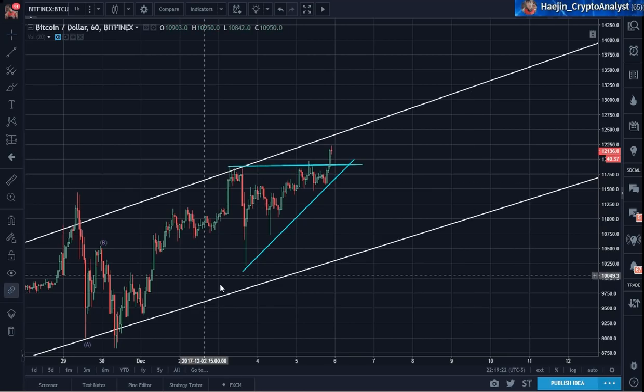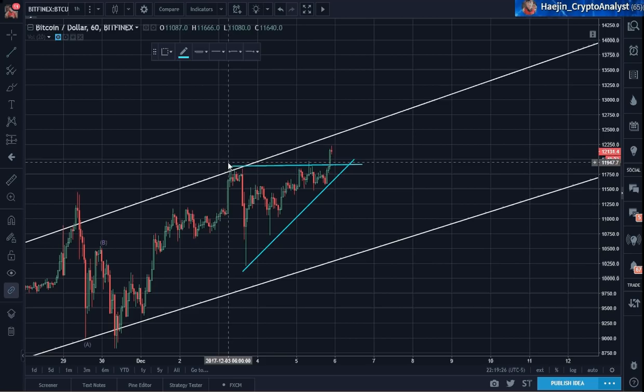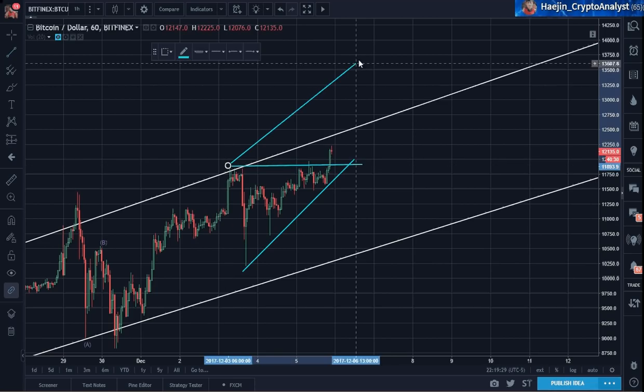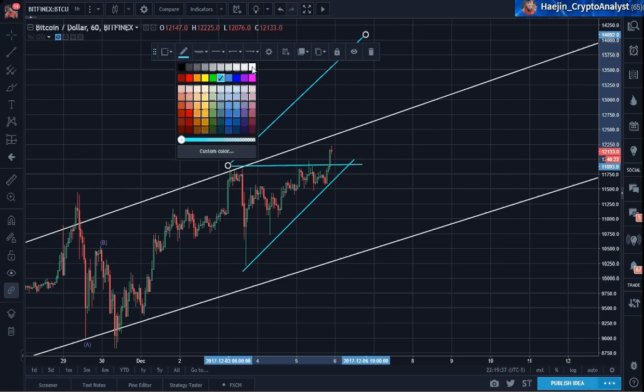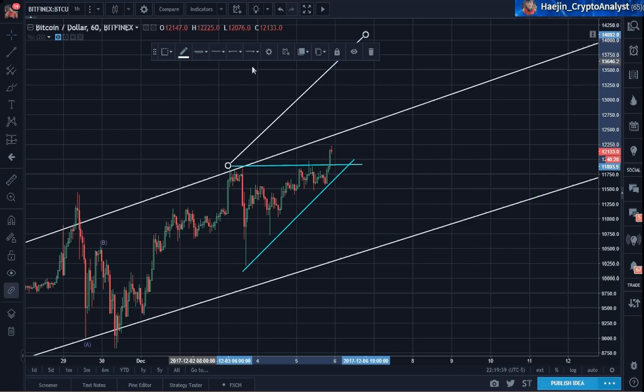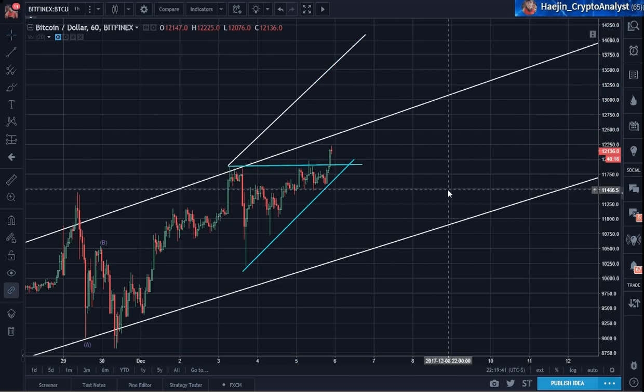So then if we do the minimum price calculation on this, how do I do that? I draw a parallel line to the rising line of the triangle. And from where the two lines of the triangle intersect, that is called the apex.